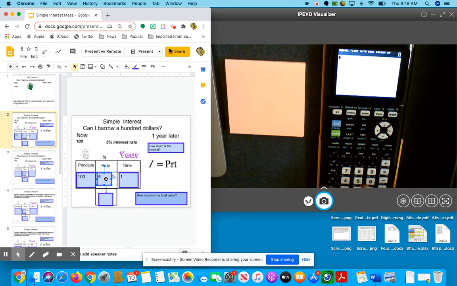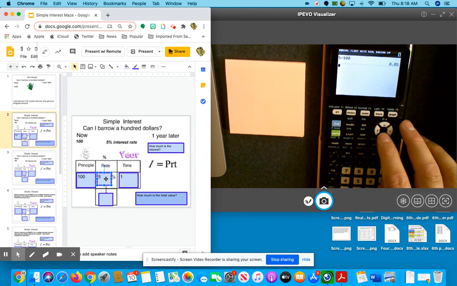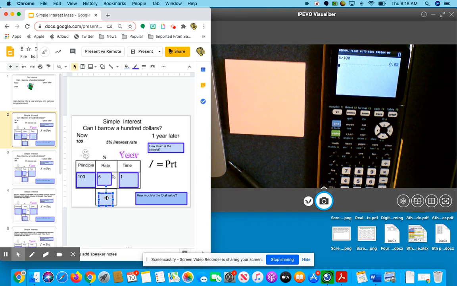In my calculator, I take the 5% that they gave me and divide it by 100, and it moves the decimal for me. So we end up having 0.05.